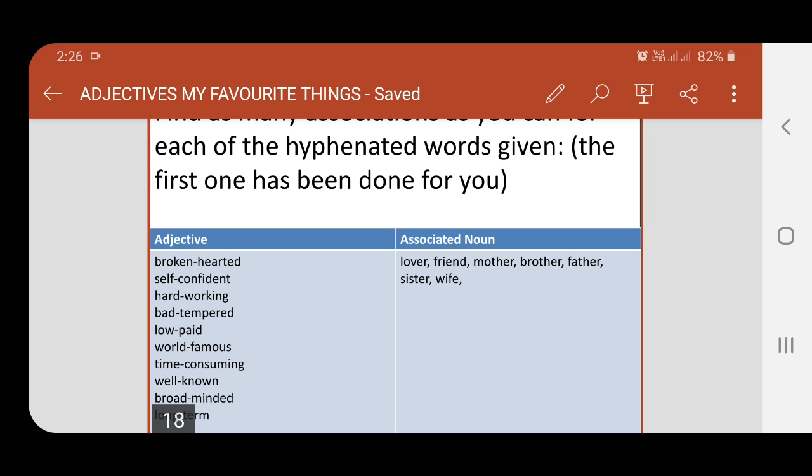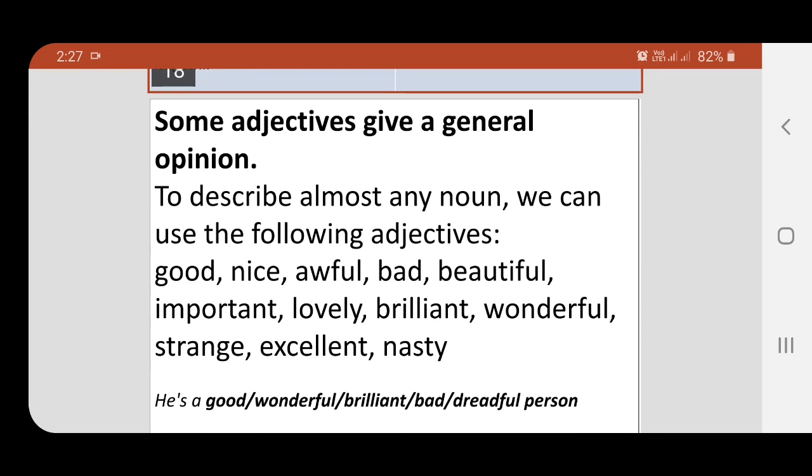After exercise number 6, we have some adjectives which give you a general opinion.